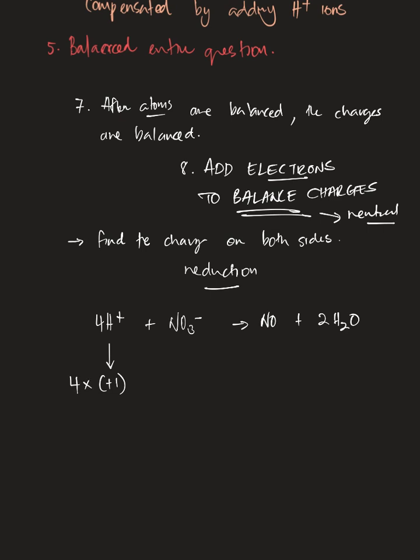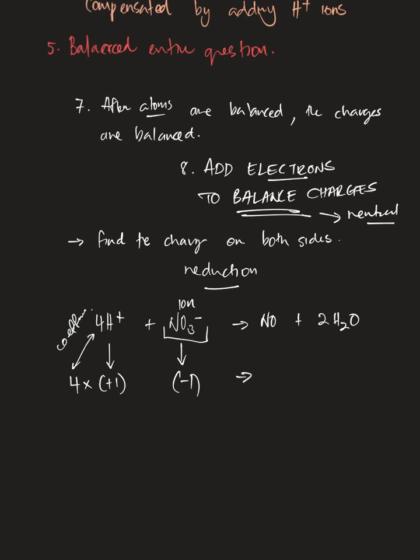Over here, I've got a 1- charge, because this is an ion. And can you see that this number here is the coefficient? So I've got that sorted out, minus 1.